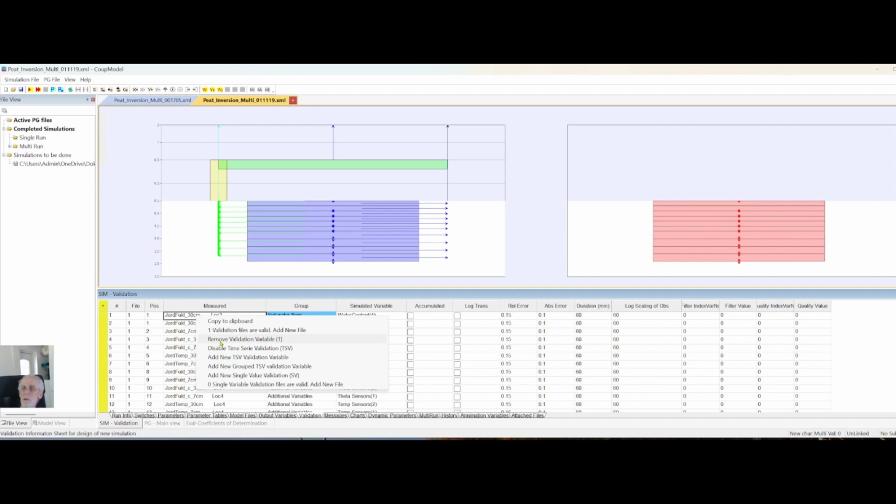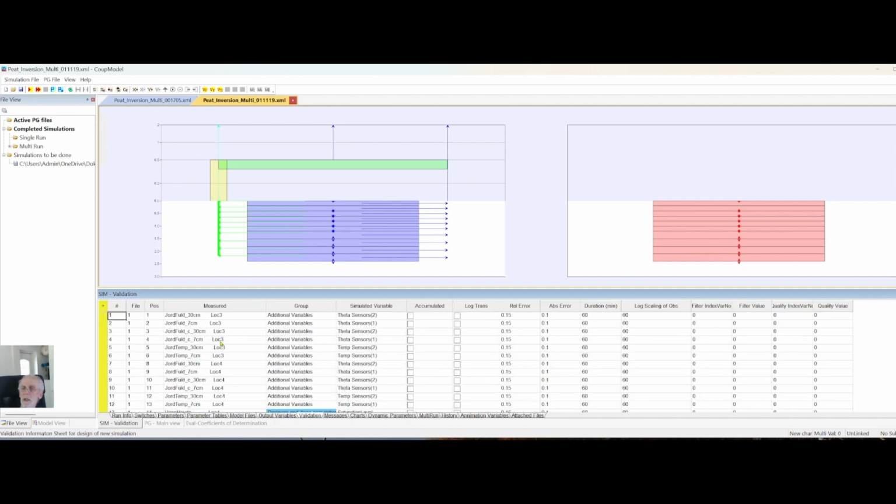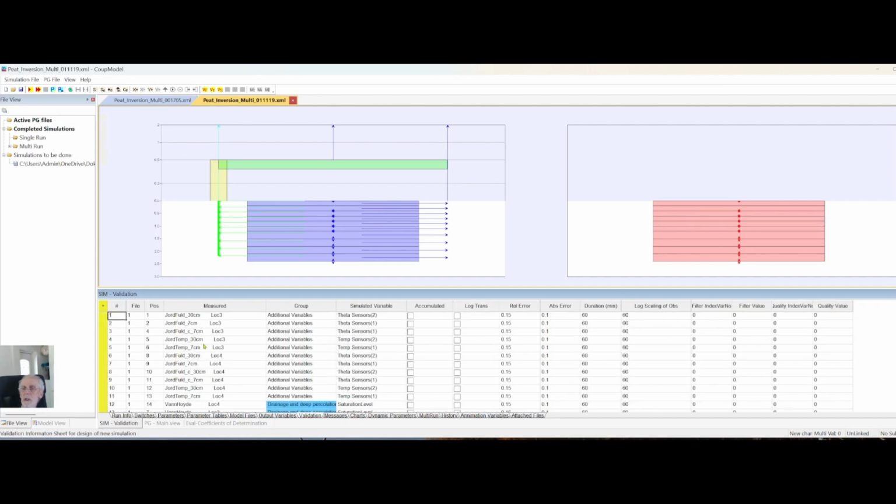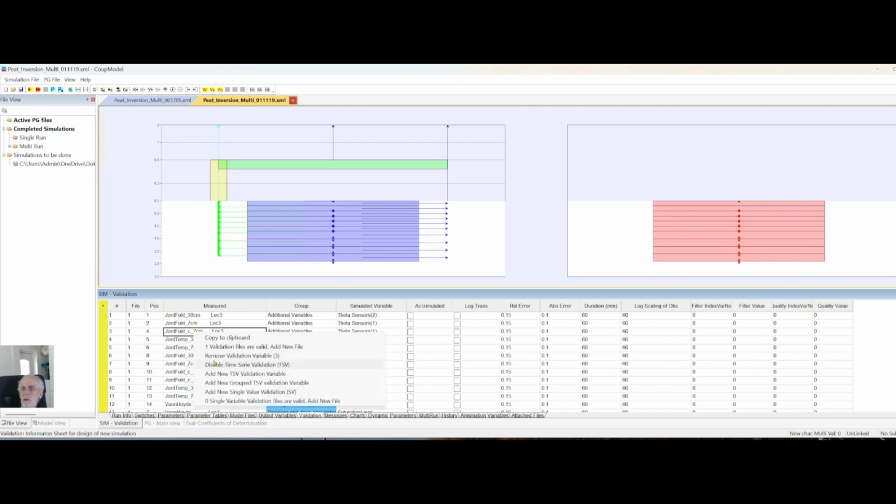So I remove some of the redundant variables. So number one was an old remain, and then we have this jord first with the C that was said to be corrected, but it was exactly the same as the others. So also here I right click on that line and I remove that particular line, and I remove the next in the same way.